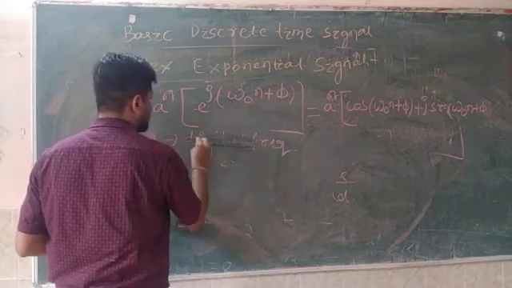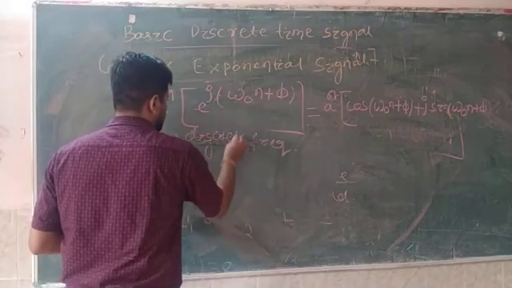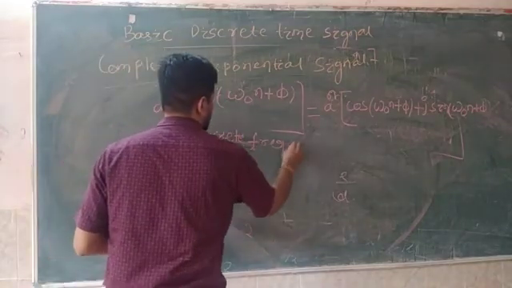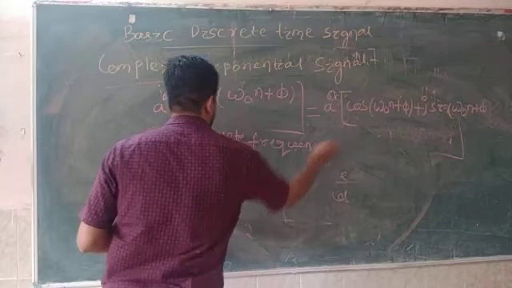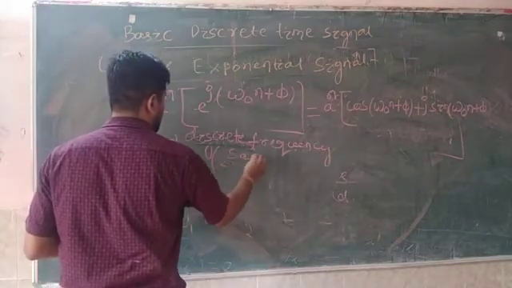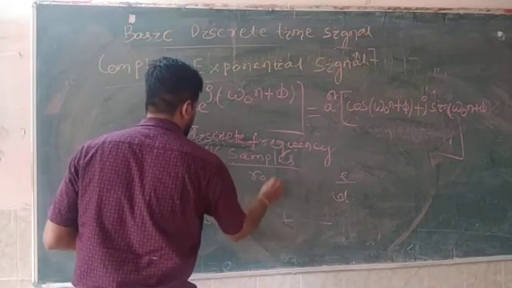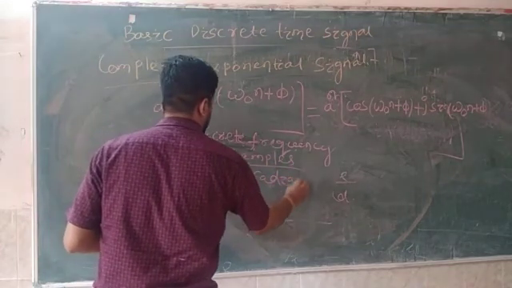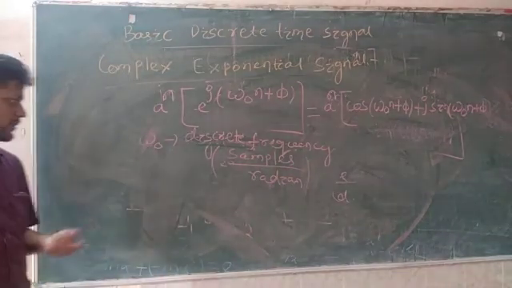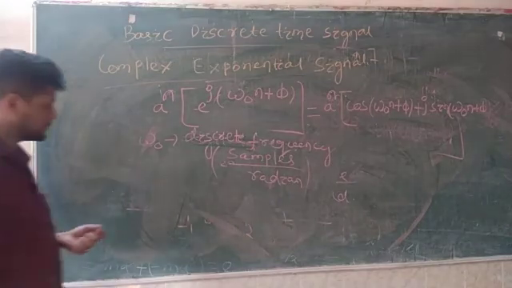Discrete frequency. What will be its unit? The unit is samples per radian.